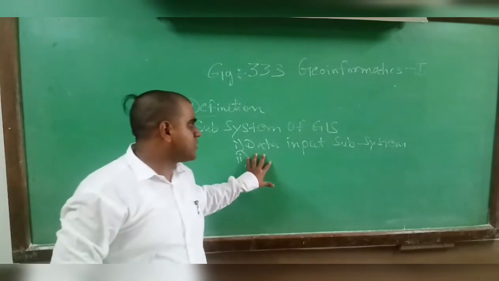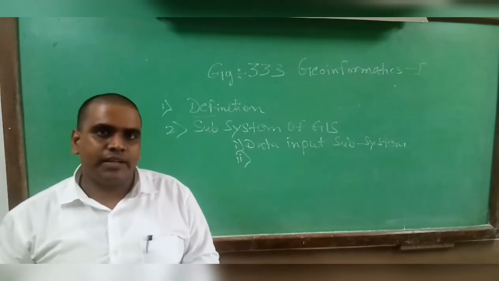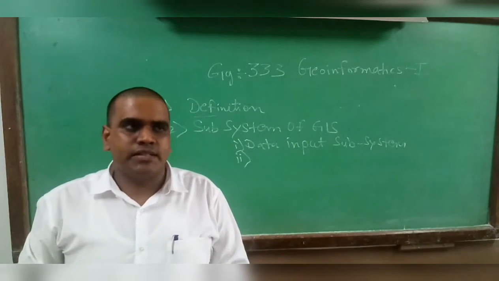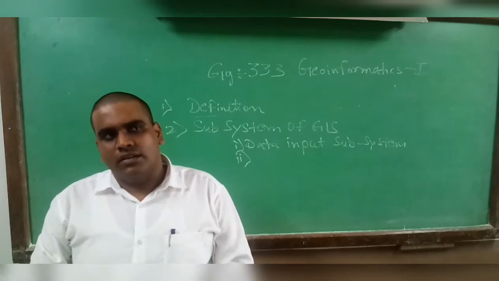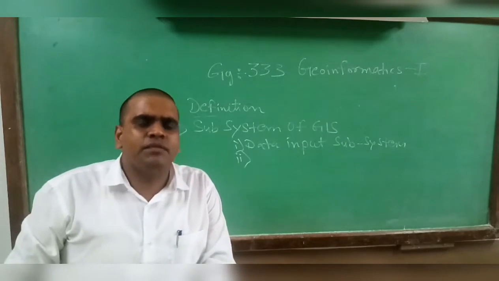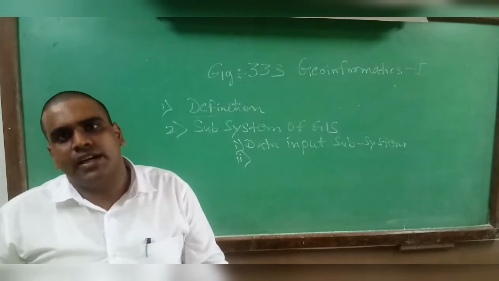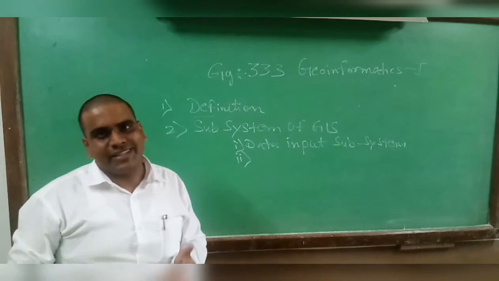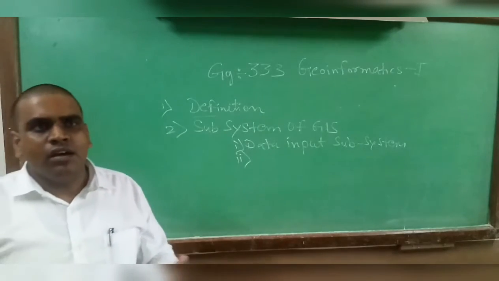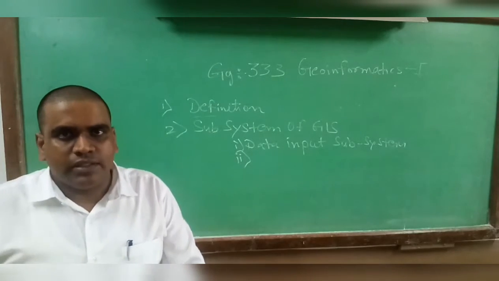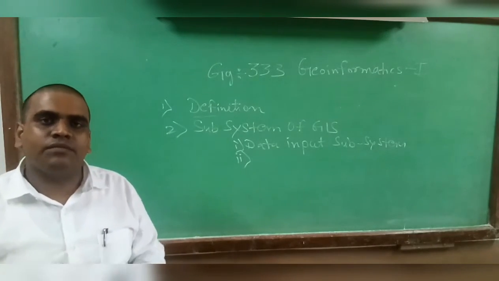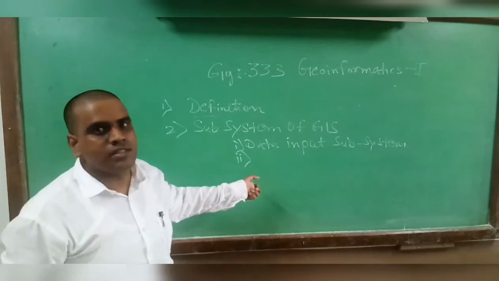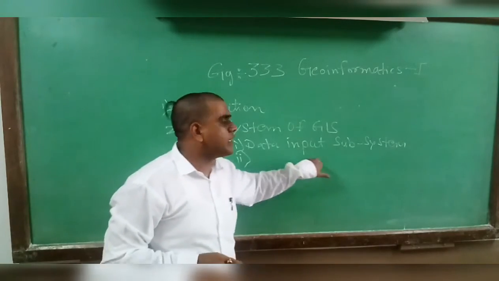In this subsystem, whatever information we have collected, such as primary information from field surveys or collected in the form of questionnaires, or secondary information such as published data in the form of census, magazines, theses or reports, all that information is inserted into the system software for further processing. So the first important subsystem is the data input subsystem.